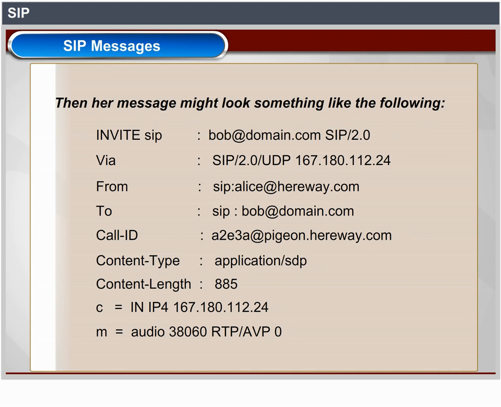From: sip:alice@huawei.com. To: sip:bob@domain.com. Call-ID: A2E3A@pigeon.huawei.com. Content-Type: application/sdp. Content-Length: 885. c=IN IP4 167.180.112.24. m=audio 38060 RTP/AVP 0.